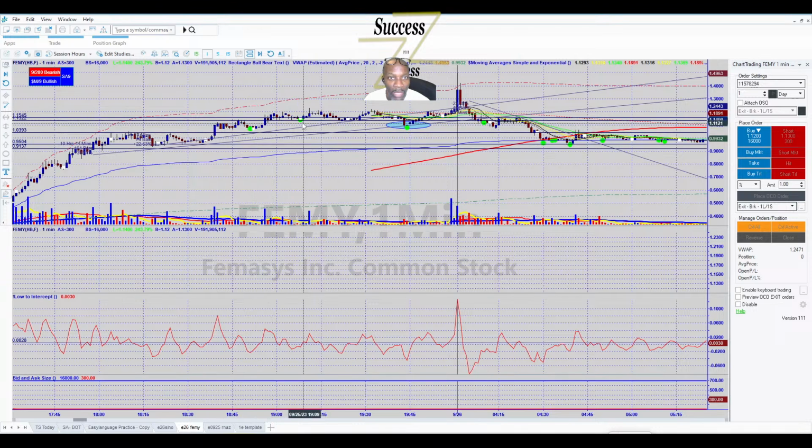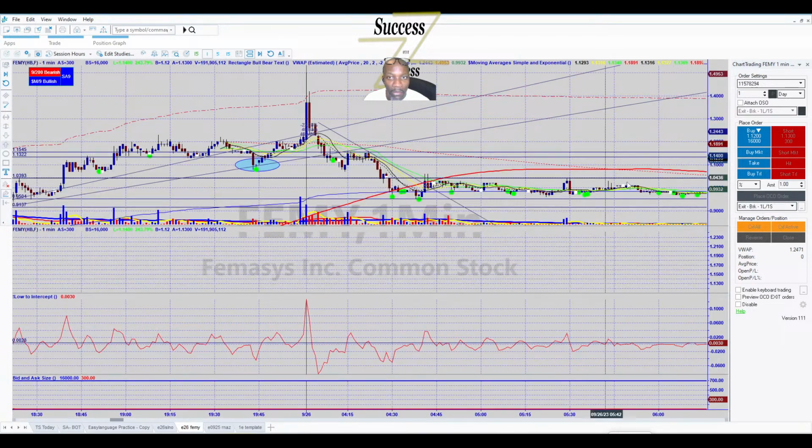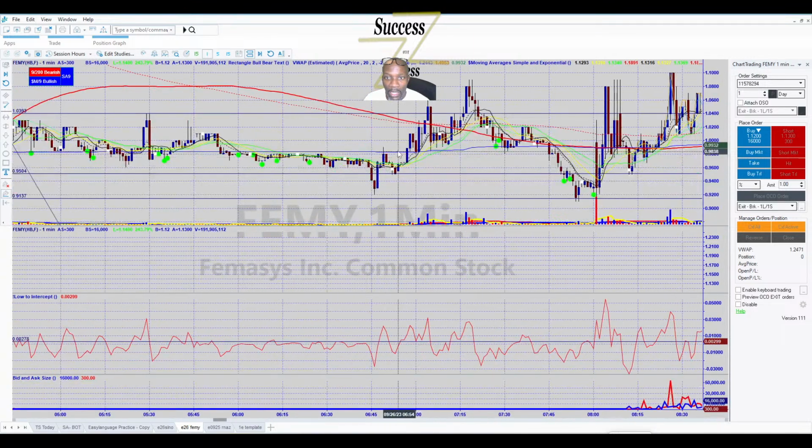You would have made money on that one. You could have made something on that one. This one you might have got stopped out. It would have closed here, so you would have set your stop here, I presume. So you would have got stopped out here before it moved up.